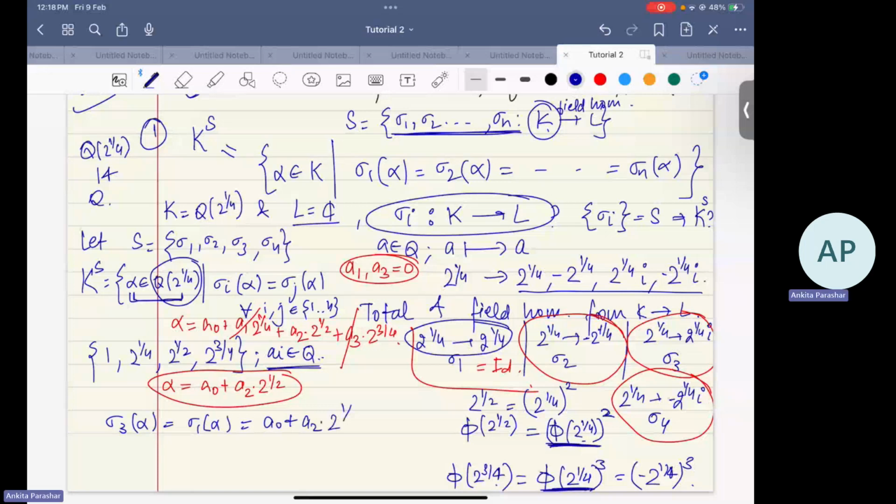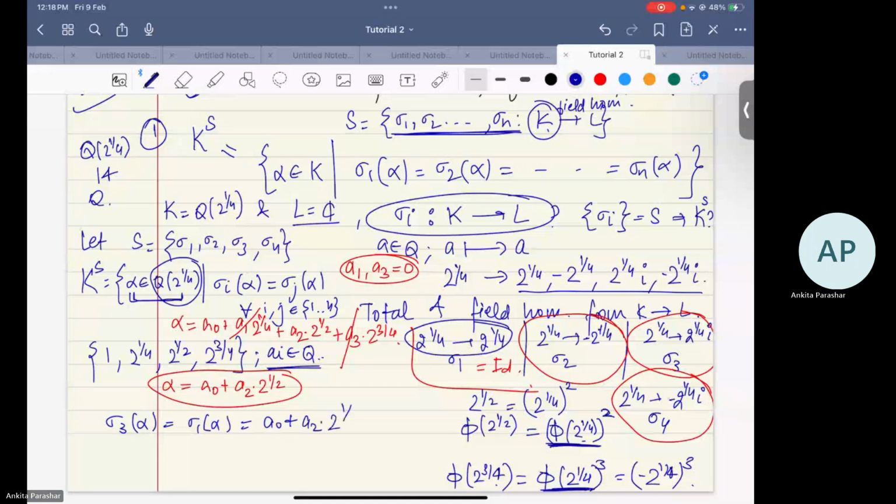Now, going to this question. Given K to be Q root 2, root 3, you have to find all possible field homomorphisms from K to K, and check whether there are really four field homomorphisms or more or less.